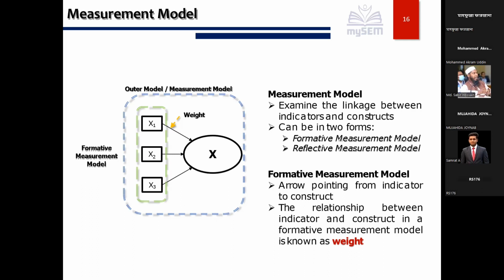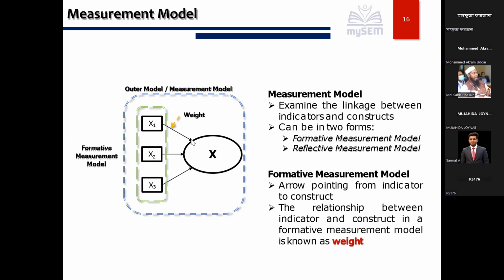Again, maybe your colleagues or boss are not cooperative, which also affects your work-life balance. And maybe you are staying far away, so it takes more hours for coming and going, which also affects your work-life balance. So many measurement criteria you can set. So all of this is forming the construct.